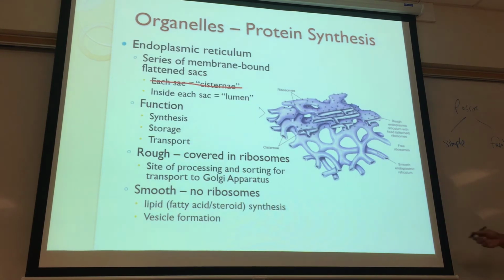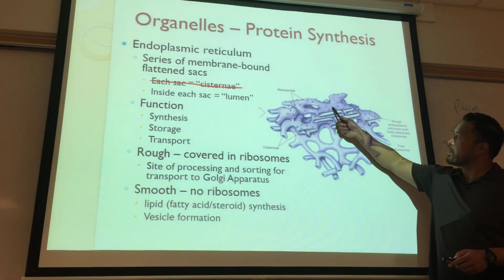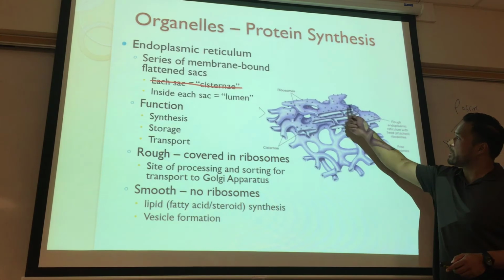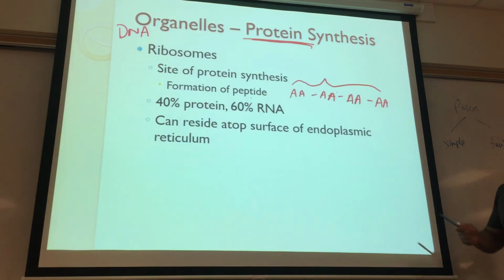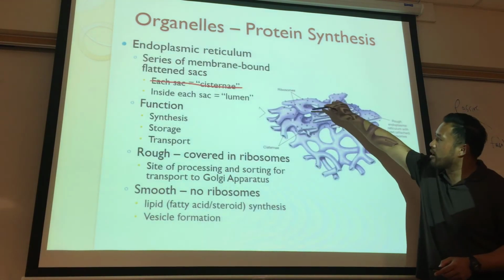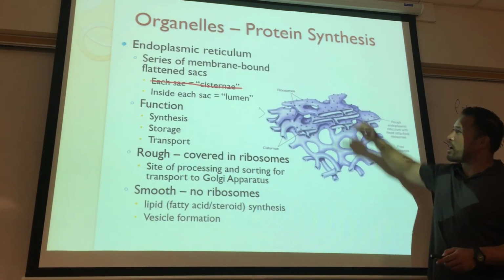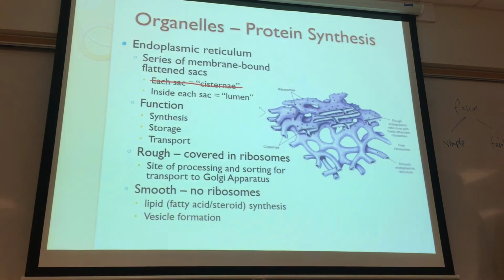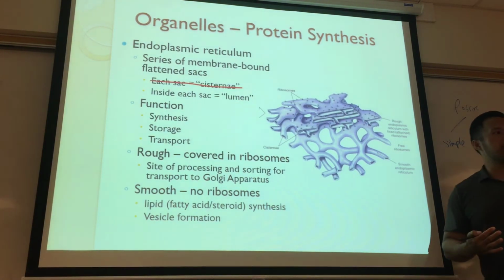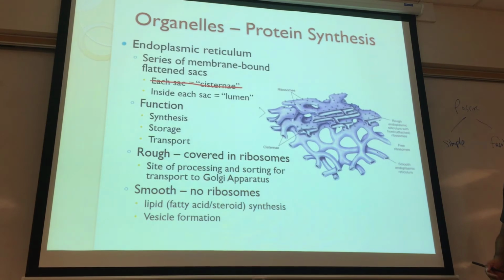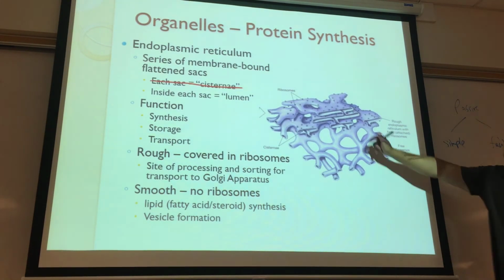So you'll notice about the endoplasmic reticulum that this one specifically is studded by ribosomes. So it's not uncommon for you guys to find ribosomes that are embedded on top of the endoplasmic reticulum. It serves as a one-stop shop for protein synthesis to take place. So rough endoplasmic reticulum, or rough ER, are covered in ribosomes.